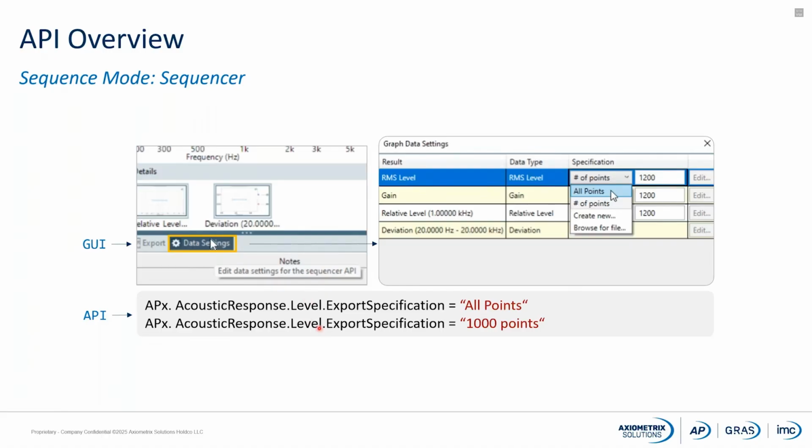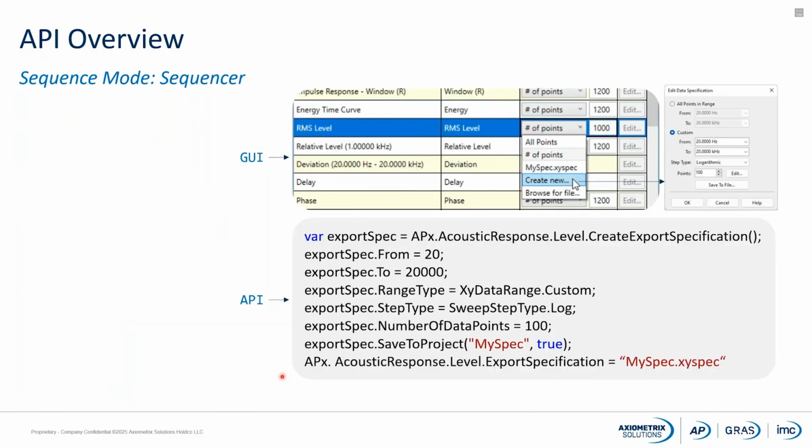The same exact thing can be done from the API using the export specification property. You can also create a custom specification which says I only want data between this and this point on the x-axis with, let's say, logarithmic spacing and a certain number of points.